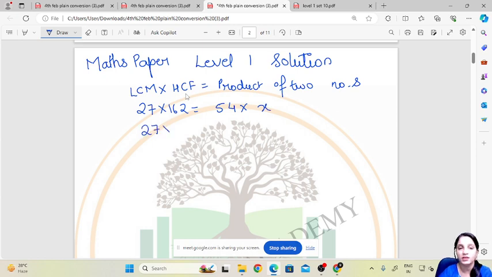Then 27 into 162 upon 54 is equal to x. Now 9 3s are 27, 9 6s are 54. So x is equal to 81, which is the answer.